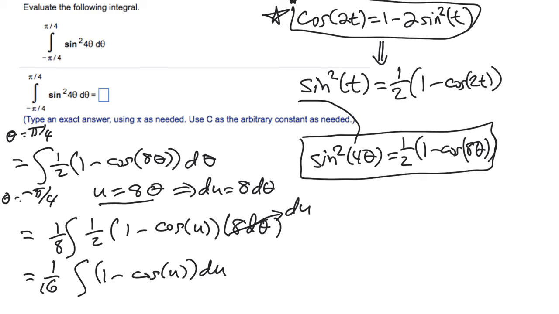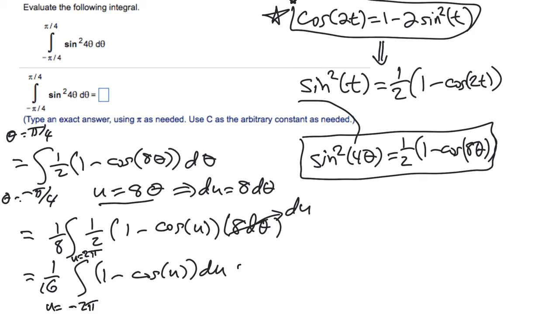So for the bottom one, theta being negative pi over 4, well, if theta is negative pi over 4, then u is 8 times negative pi over 4. So that's negative 2 pi. And similarly, if theta is pi over 4, then u is 8 times pi over 4, which is 2 pi. So now that integral is entirely in terms of u. So those are u values now.